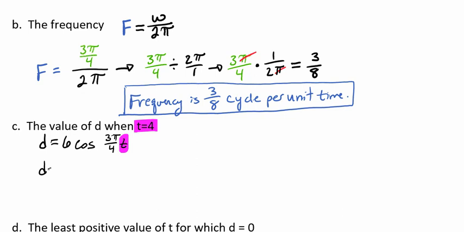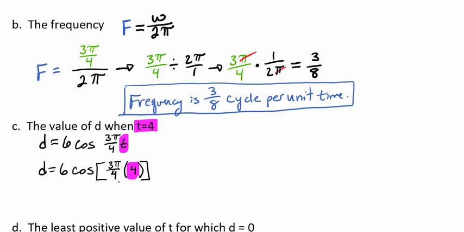So we'll have d equals 6 times the cosine of 3 pi over 4 times 4, where we've plugged our 4 into that space.